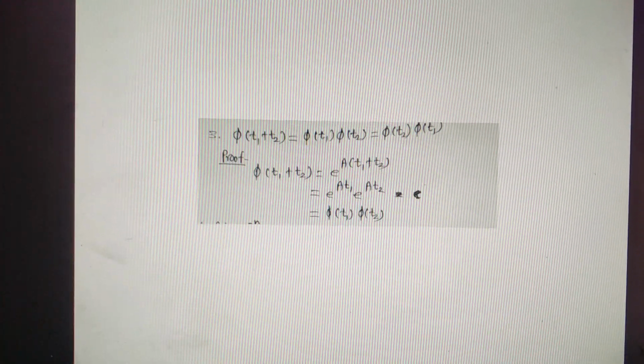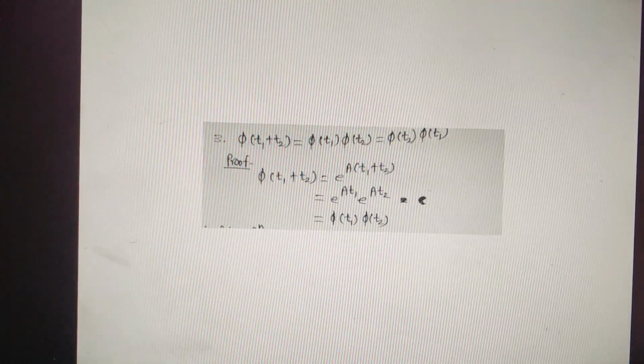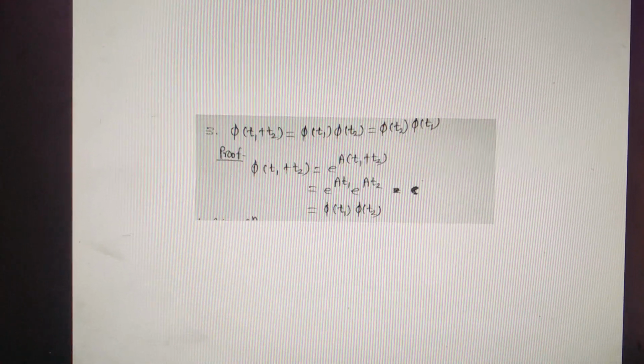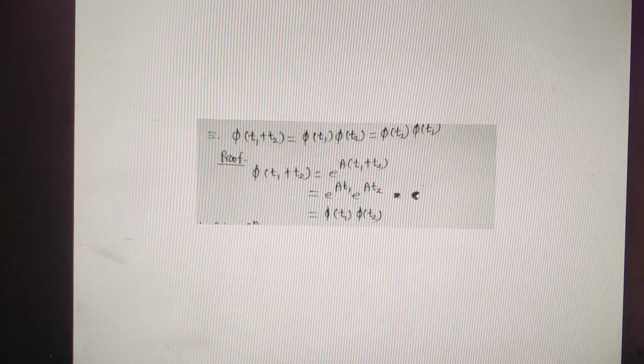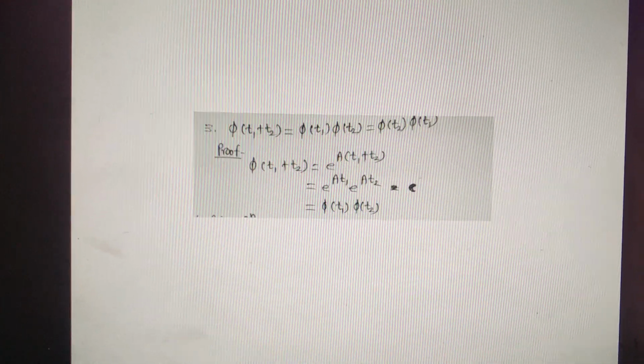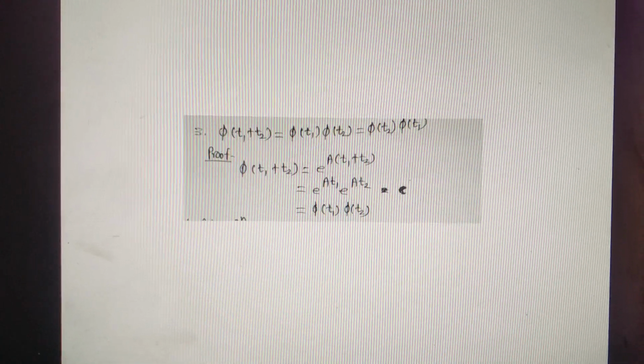Phi of t1 plus t2 is equal to phi of t1 into phi of t2 is equal to phi of t2 into phi of t1. Phi of t1 into phi of t2 is same as phi of t2 into phi of t1, means it obeys the commutative law of matrix multiplication.